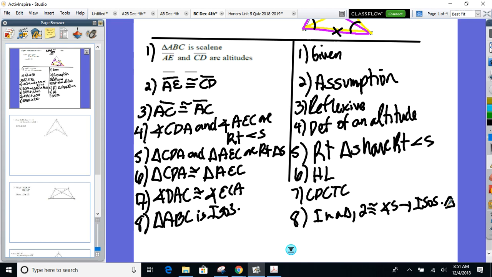How can it be scalene and isosceles at the same time? So that assumption's false. Meaning what's true? AE is not congruent to CD. My assumption led to a contradiction.